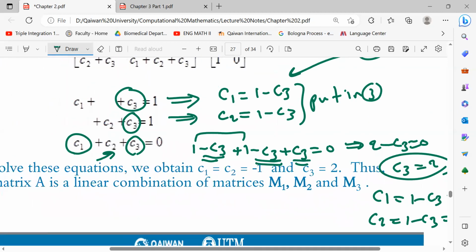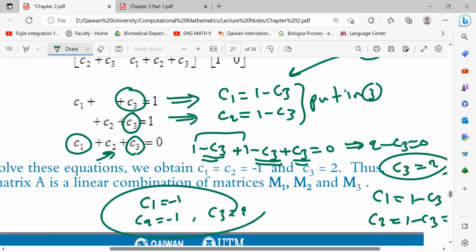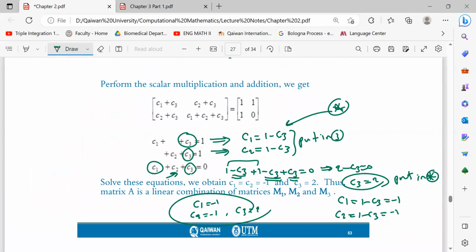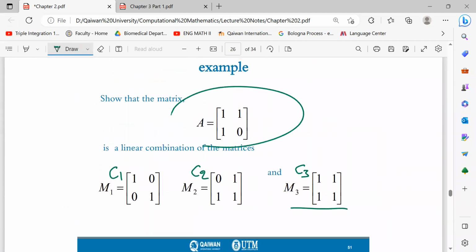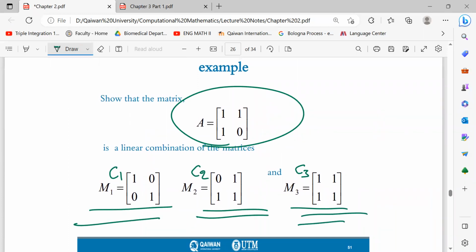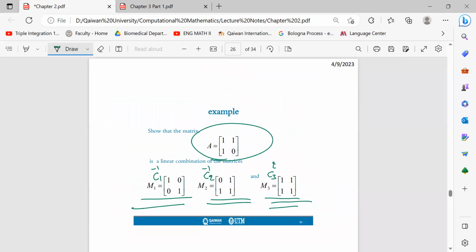Now we got that C1 equals negative 1, C2 equals negative 1, and C3 is 2. So we can write A as the linear combination of these three matrices, where C1 is negative 1, C2 is negative 1, C3 is 2. That's it.